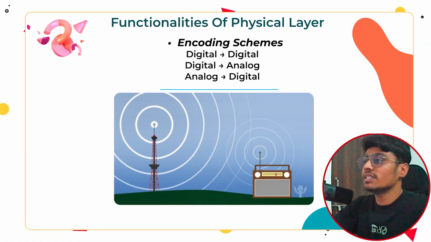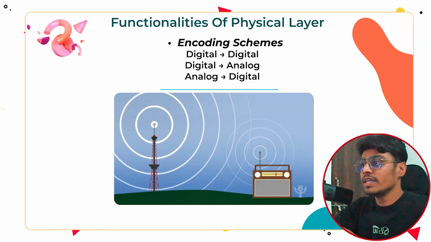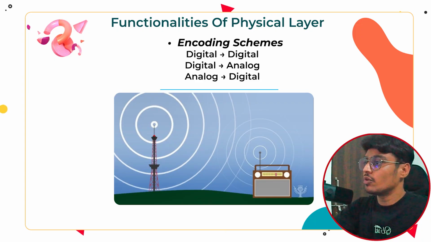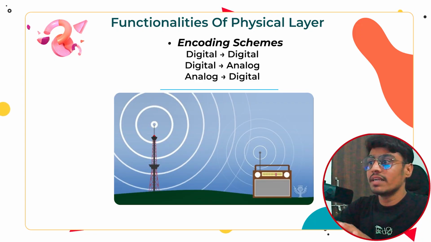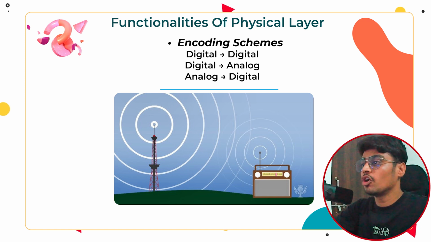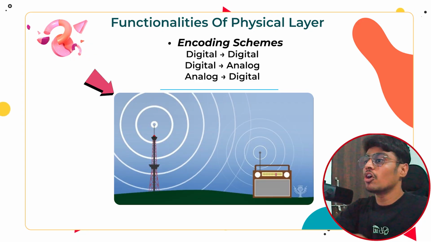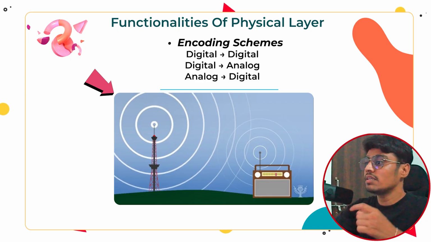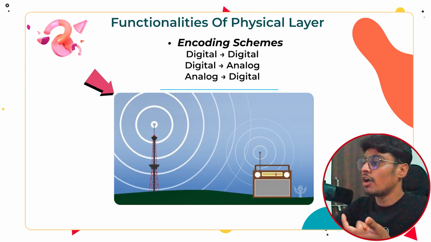Now moving forward to encoding schemes. What is encoding? We use different types of encoding, depending on our data. Today, our computers and laptops work on digital data, which is in discrete form. If we talk about FM radio, it carries voice, and voice is continuous, generally an analog signal.